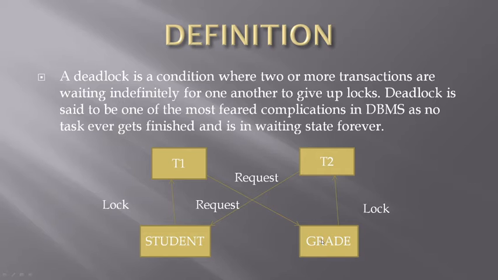But only after completion of T2 will the database be accessed by T1. In the same way, only after completion of T1 will the student be provided to T2. So now T1 is waiting for T2 and T2 is waiting for T1.